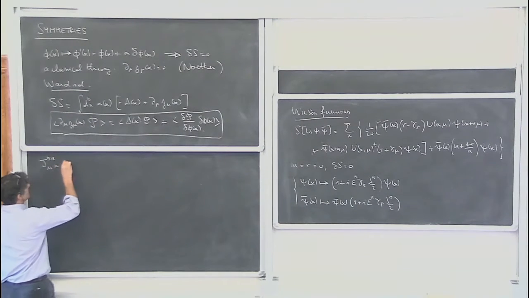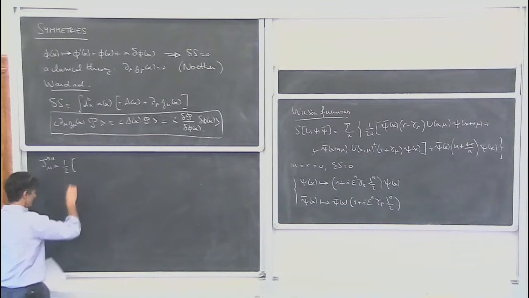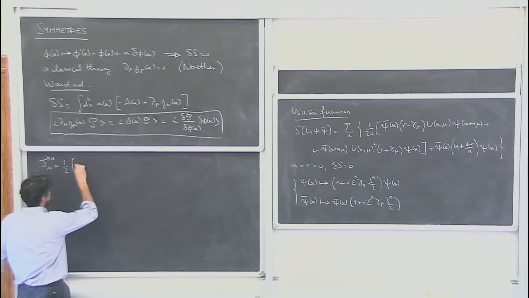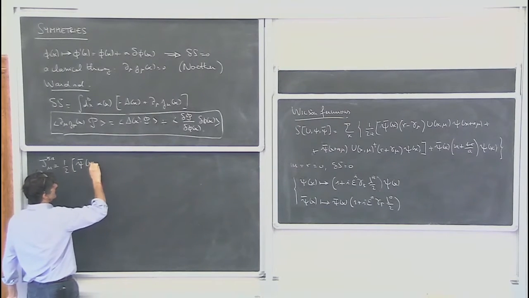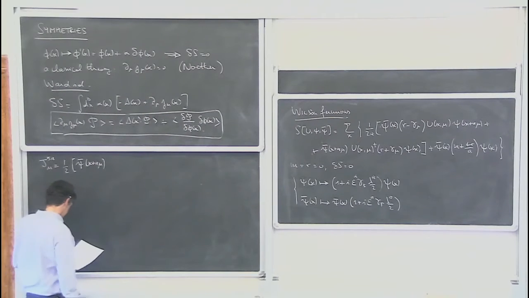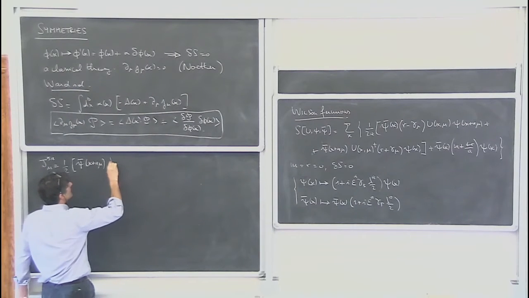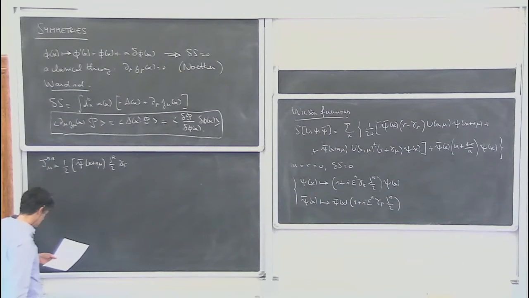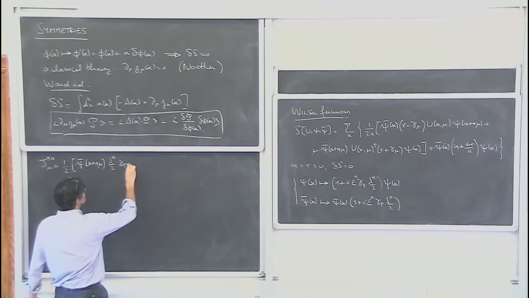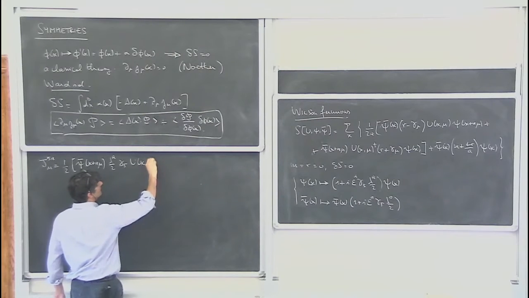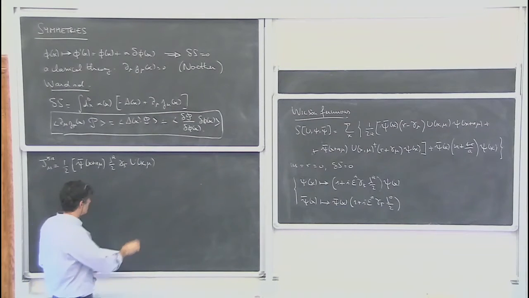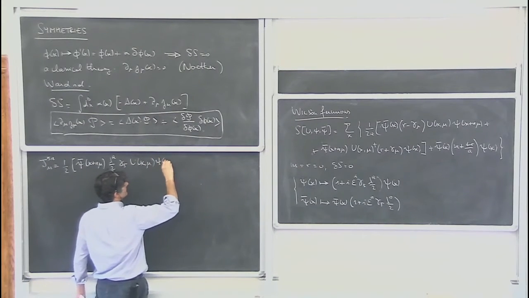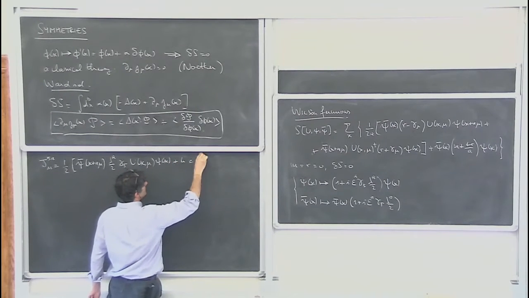And so this is going to be 1/2 of psi bar x plus lambda A gamma mu gamma 5. So this is a sort of discretized version of the usual axial current, x mu x plus mu.